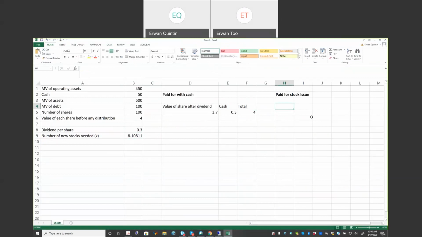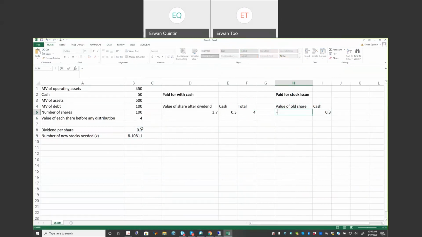So let's go here. Let's calculate now the value of old shares. What I'm doing here is, once again, looking at the financial position of my old shareholders. I'll do the easy part first. They are getting, at least supposedly, another 30 cents in their cash account. So we know that their financial position has improved by this much.